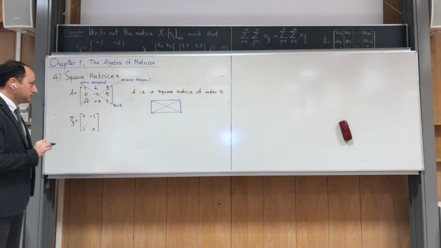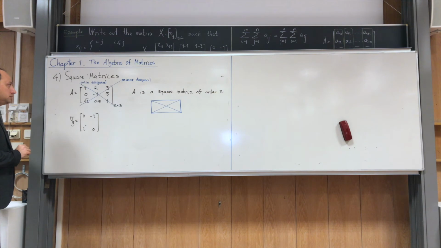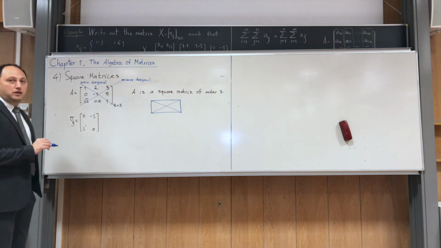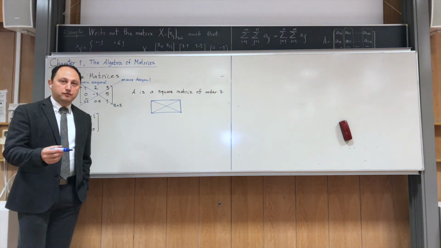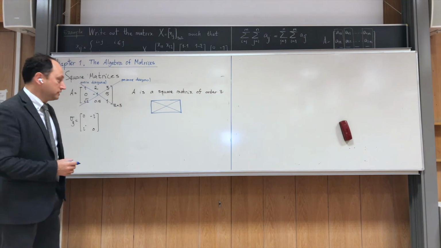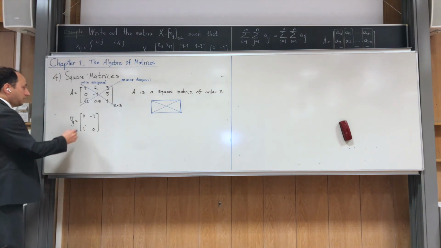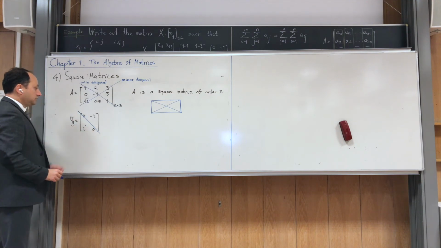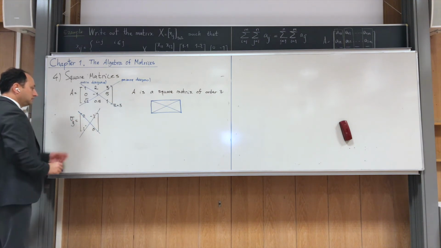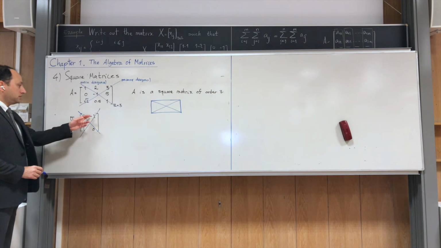Okay, so that's one point you need to remember. So we are not allowed to talk about diagonals when I have really rectangular matrices. Okay, so here the main diagonal entries are all 0 and 0, and here the minor diagonal elements are minus i and i.